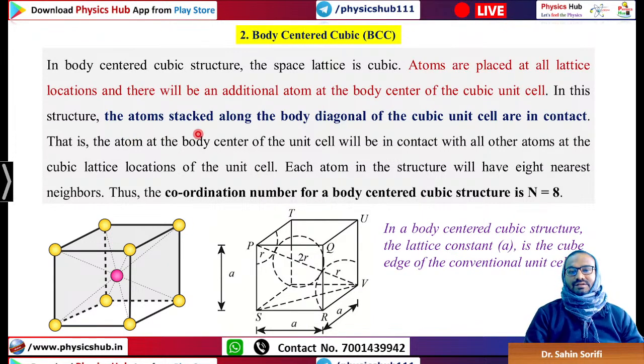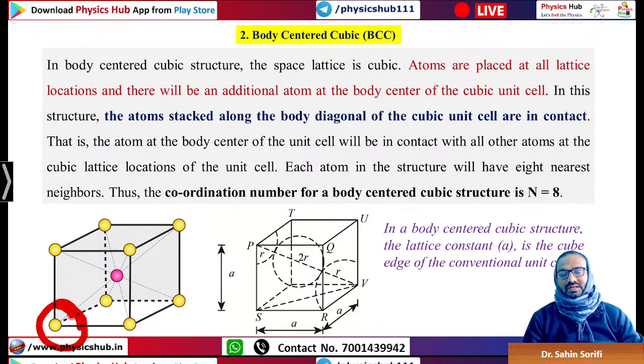In this structure, the atoms stacked along the body diagonal of the cubic unit cell are in contact. Previously the atoms were contacting along the edge, but now they contact along the body diagonal. So one atom here with radius r, one entire atom inside at the body center, and another atom.